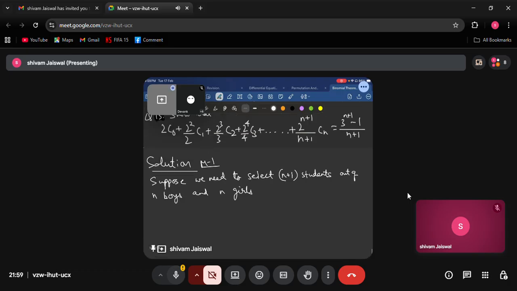Therefore, in how many ways can you select n plus 1 students out of n boys and n girls? Raktim: 2nC(n+1).